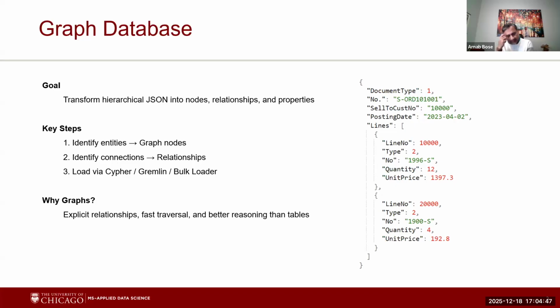Everyone, just think of a graph: you have nodes, which are the circles, and then you have relationships that are represented by lines or edges between those circles, between the nodes. So the loader will identify the entities, in other words the nodes of the graph, and then it'll also identify the edges, the connections, the relationships.